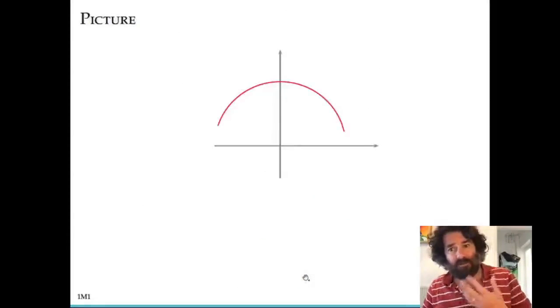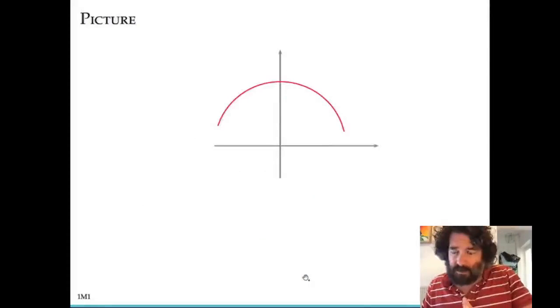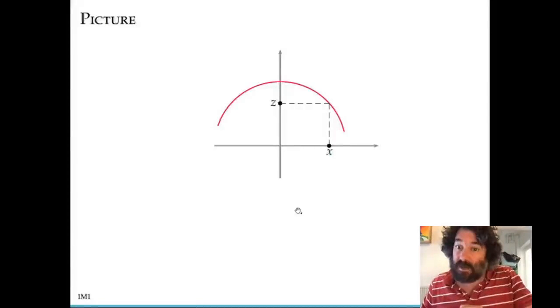I'm going to give another explanation of why this is, based on this picture. Say z is a function of x. So z is given by this function whose graph is shown by the red curve. It looks like the top half of a circle. If we measure x, we would then calculate z as shown.